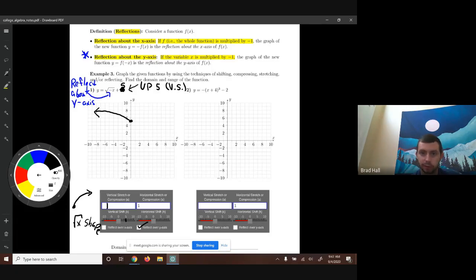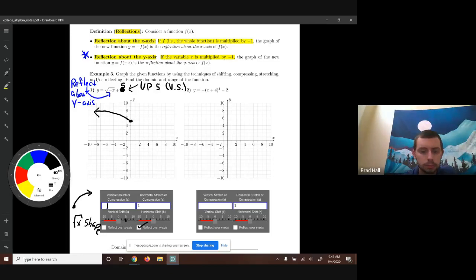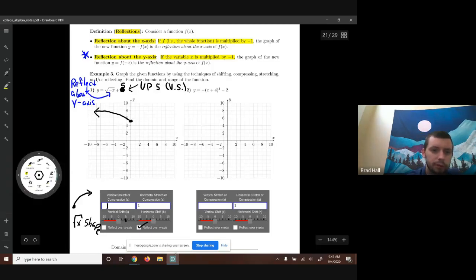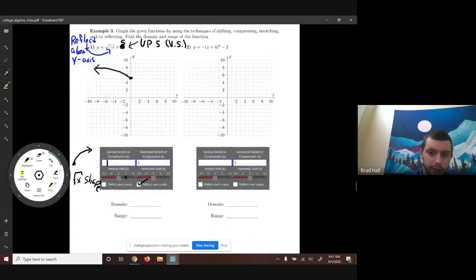So this makes sense. If it's facing this way before, and here's the y-axis, then it's going to face this way now. So again, MyMathLab does all of that for you. It will build the graph for you, which is very convenient as we get to the domain and range down here.